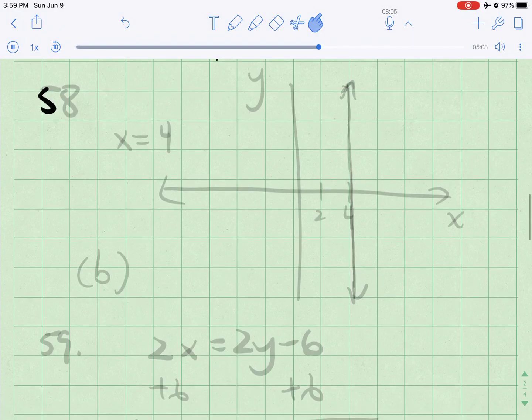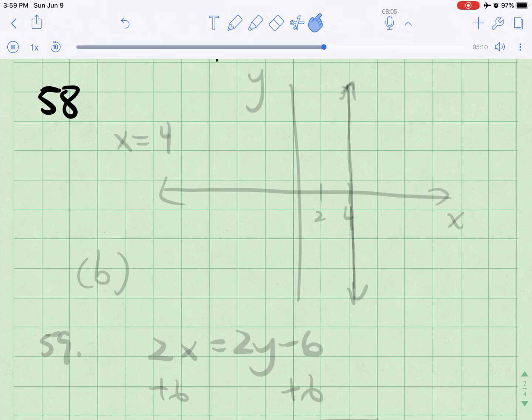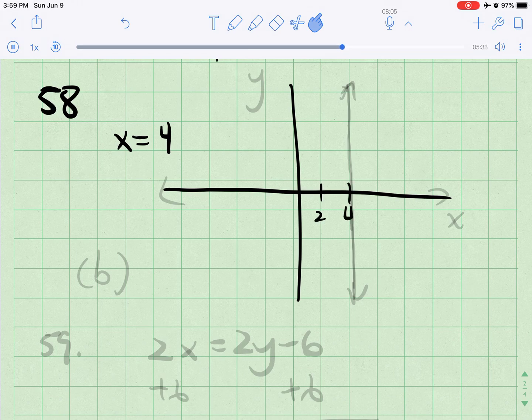Okay. 58. We have a bunch of lines, and they want to know, use the graph below to determine the number of solutions the system has. X equals 4. All right? How do you look at x equals 4? Well, you say, this is 2, this is 4. X equals 4 is a vertical line.